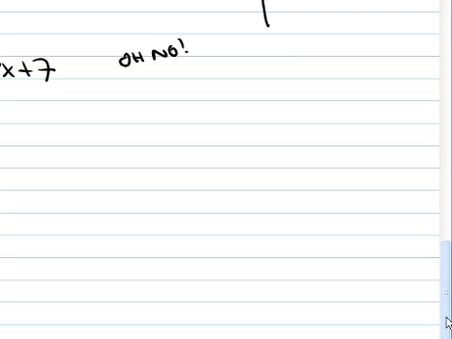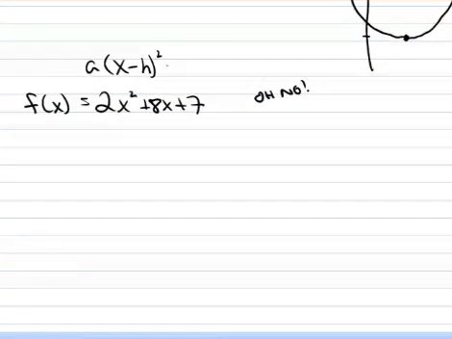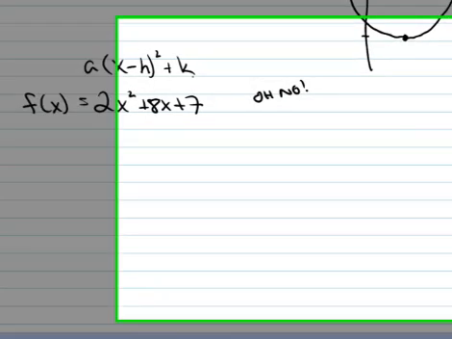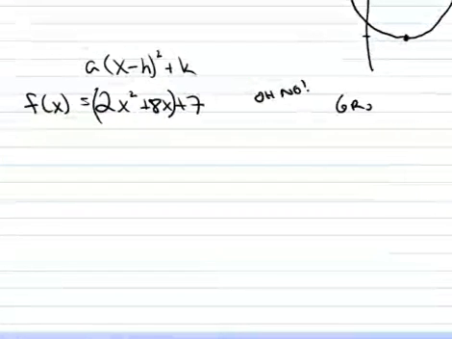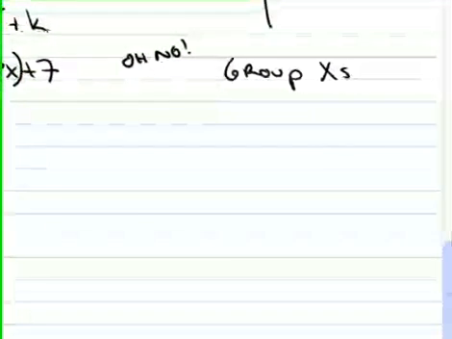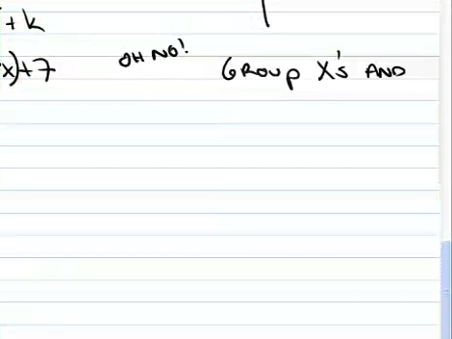Okay, this does not look like a number times x minus something squared plus something. It doesn't look like that at all. So we're going to have to do some things. And the first thing we're going to do is we're going to group the x's. Now it looks a little bit more like it, right?